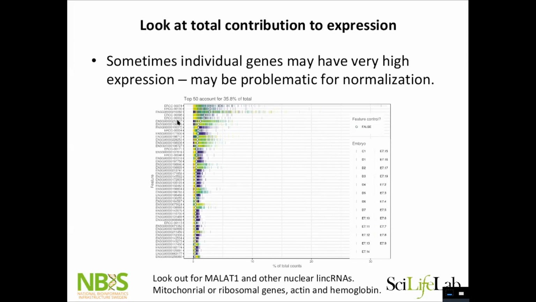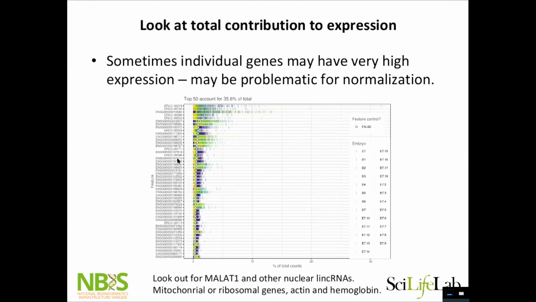These are the spike-in genes. There are a big proportion of all the reads. And then there's a gene here that actually some cells have, there should be some lines up here, like 25% of all the reads is this one gene. And quite often that one gene is MALAT1. It's a nuclear long RNA.